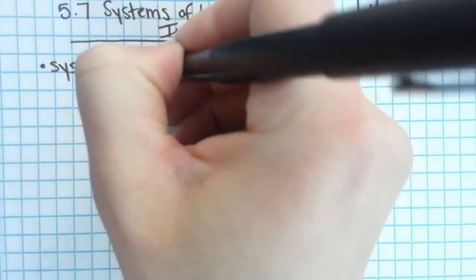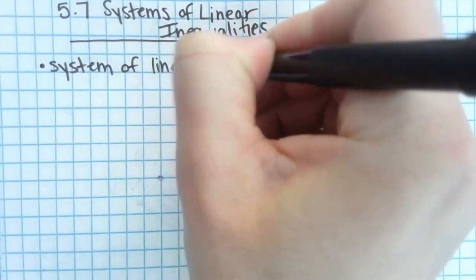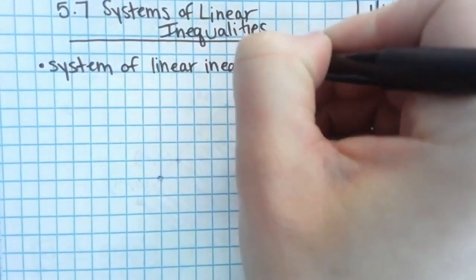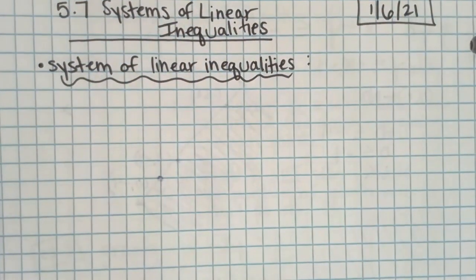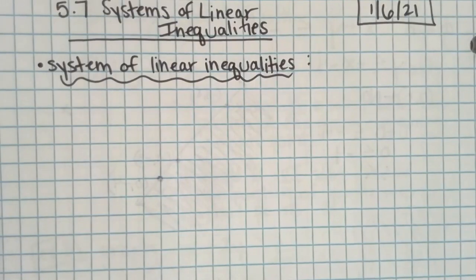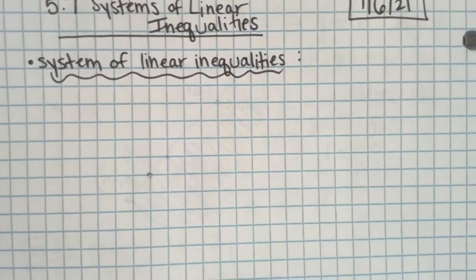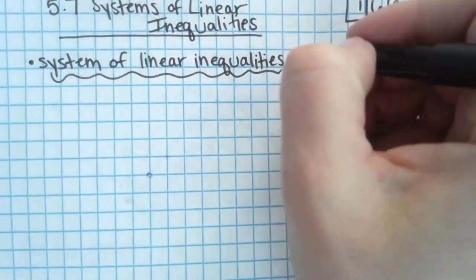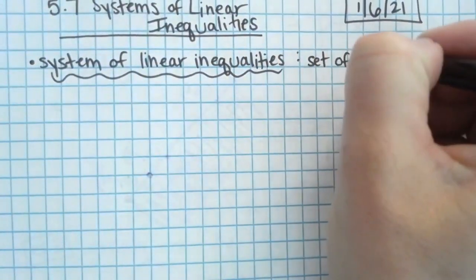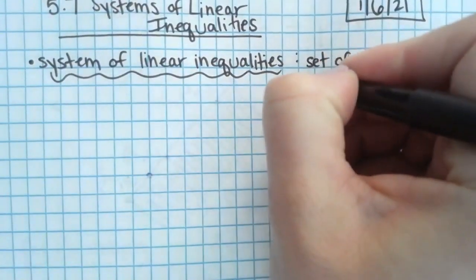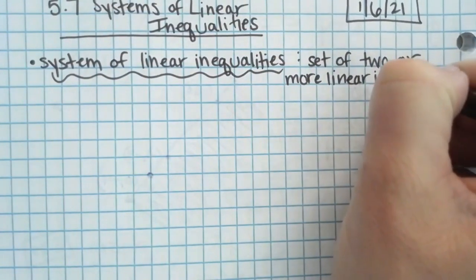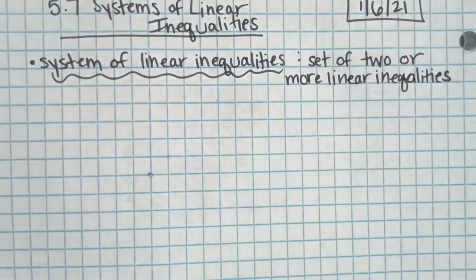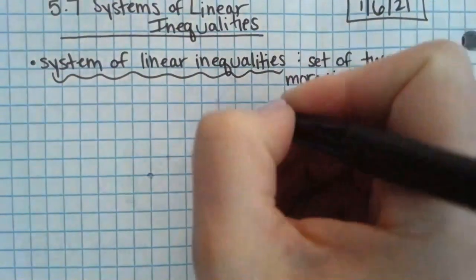A system of linear inequalities is just like a system of linear equations, except it's two or more linear inequalities in the same variables.